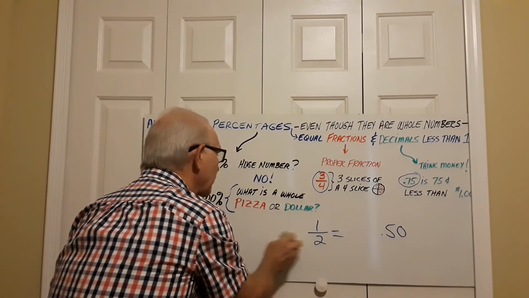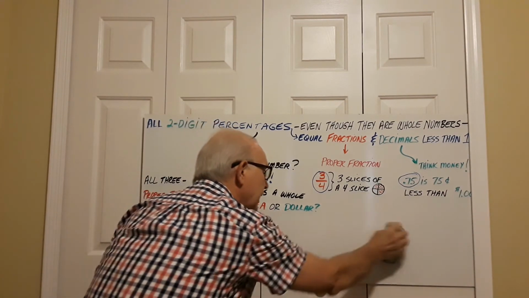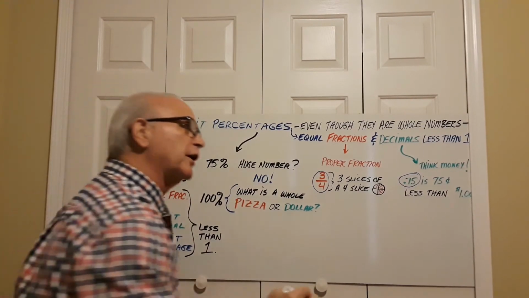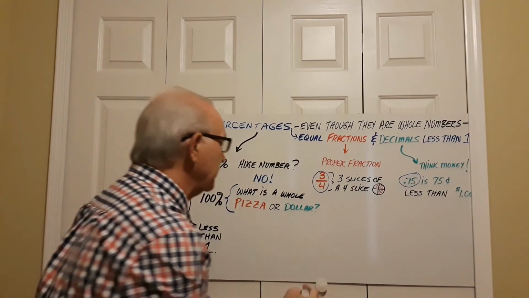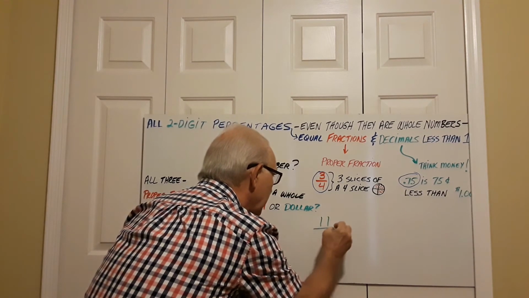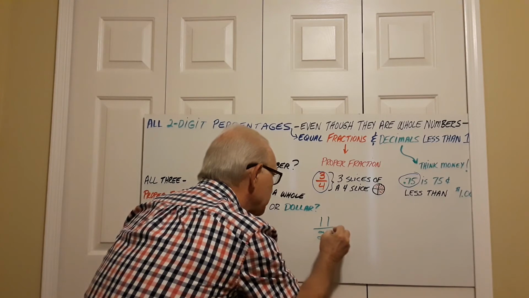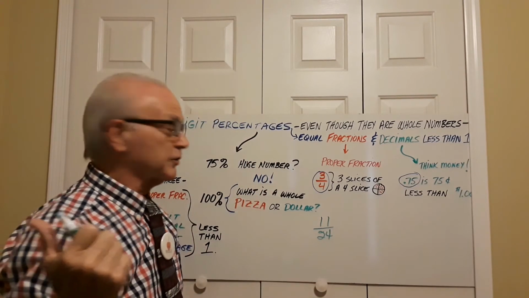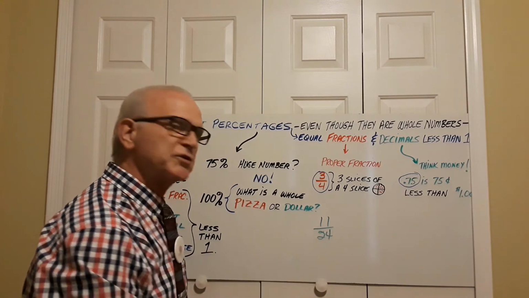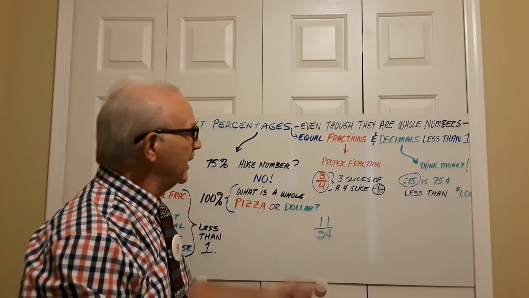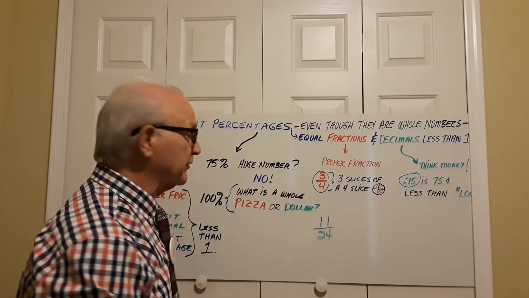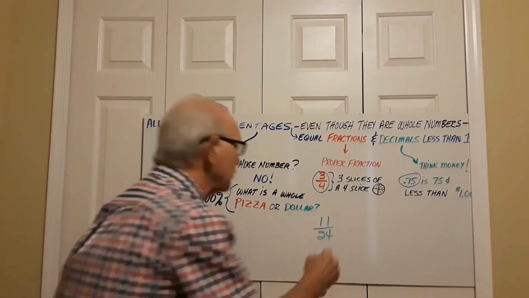So this works for any fraction at all. If you want to know the decimal, if Mr. Mike comes in and he says, well, I can give you 11 of 24 slices of pizza in this huge, humongous pizza that somebody just dropped off in the cafeteria, and I might ask you, what's the percentage of that? How much is he actually giving us? I'm not going to do the math here, but it's the same solution.